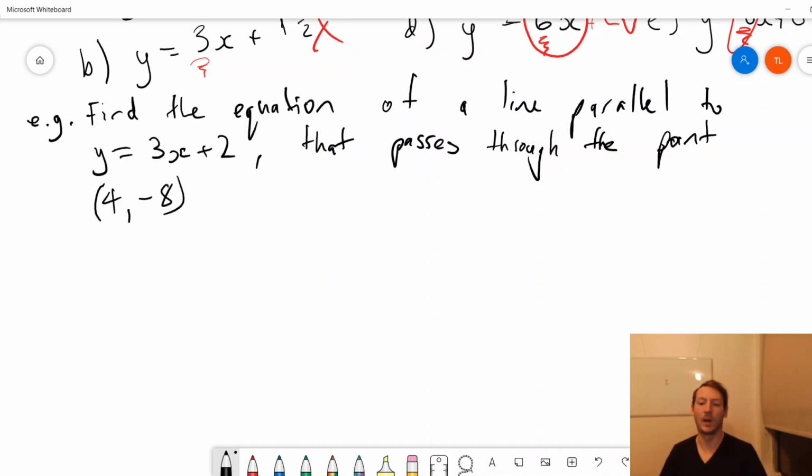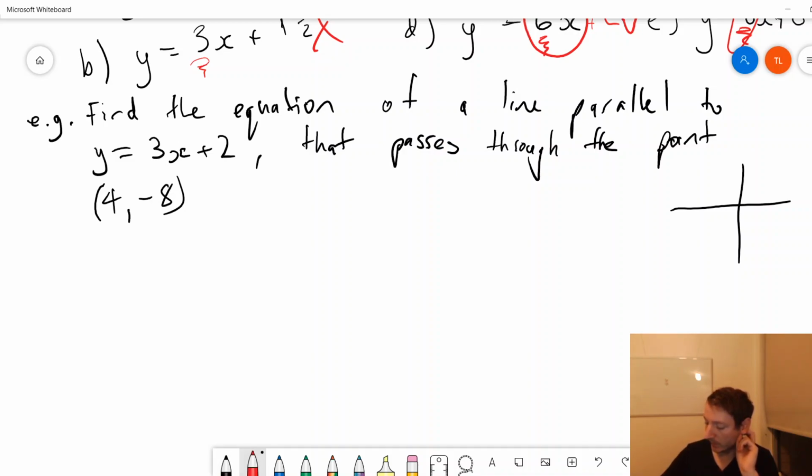Alright, now, I'm going to draw this line first of all, just so we get a picture of what's going on, but it isn't actually necessary for our answer, but just so we got a quick sketch so we can figure out what's actually physically happening. So, first step, just like the last question, is we need to work out, well, if it's parallel to this line, the gradient is 3.